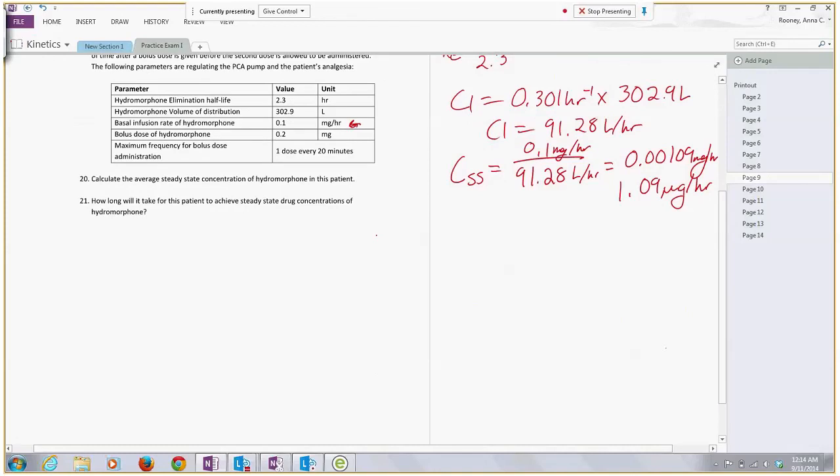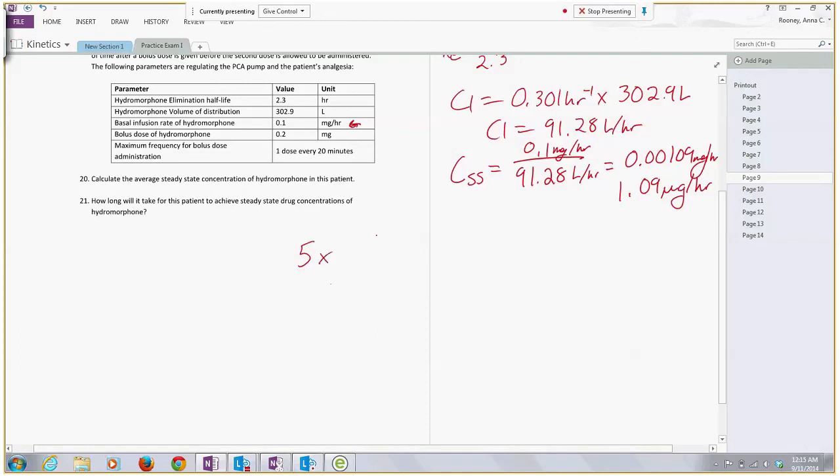How long will it take for this patient to achieve steady state drug concentrations of hydromorphone? So with this one, we are trying to find the steady state. We already know that 5 half-lives equals the steady state.